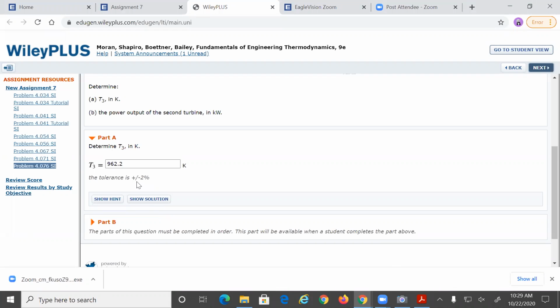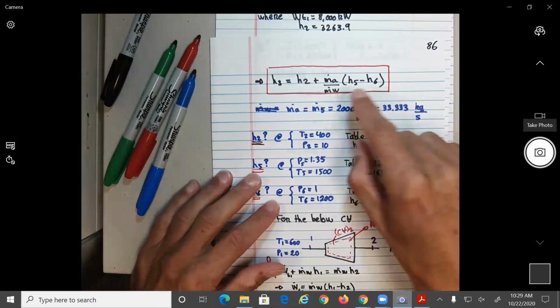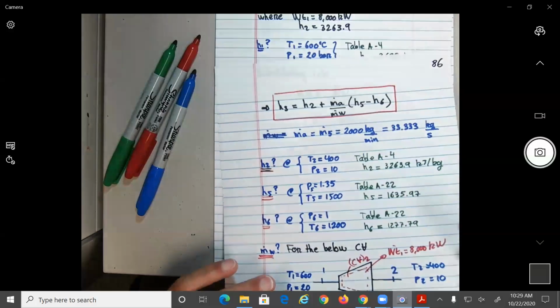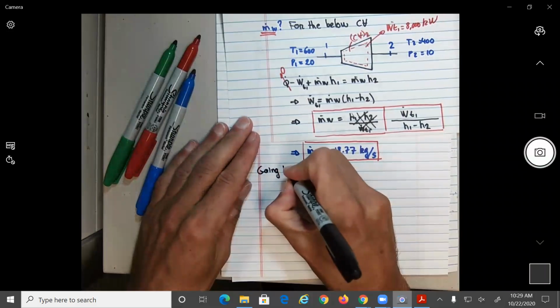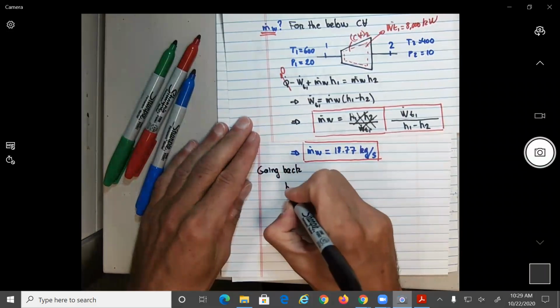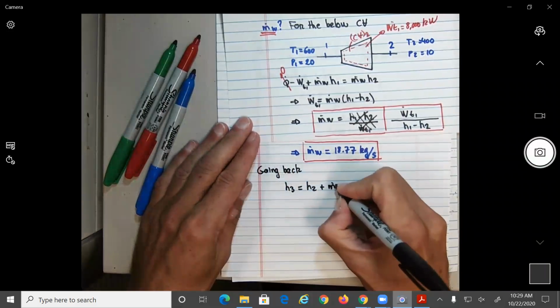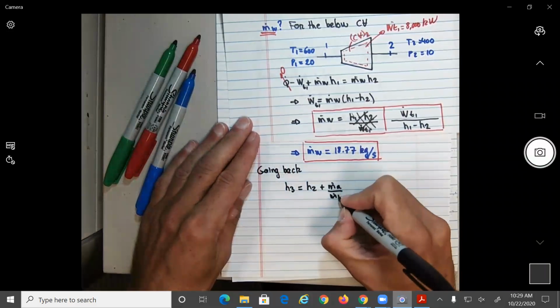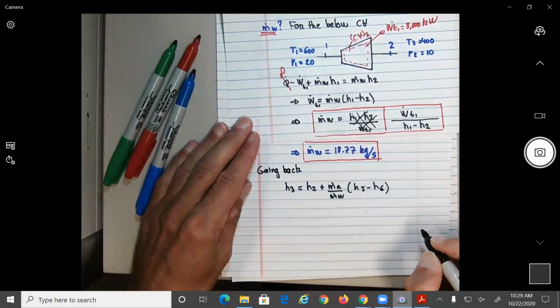So now that we have all these expressions, what can we do? We can go back to this equation. Now that we have all the values, we can go back to this equation. Okay? So now going back to the equation H3 equal to H2 plus mass flow of air divided by mass flow of water, H5 minus H6.